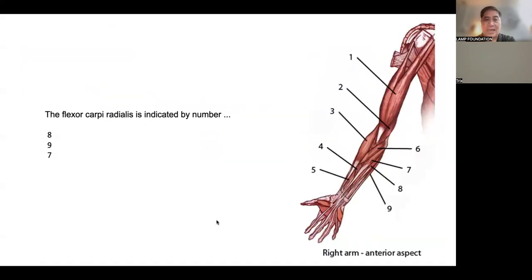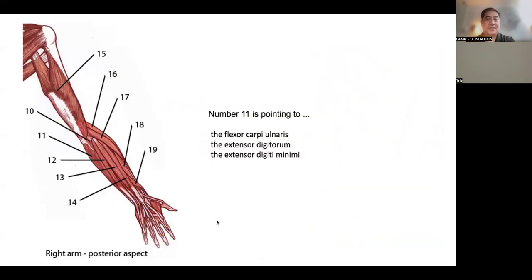Flexor carpi radialis is what? Number 7. Great. What about number 11 here? The flexor carpi ulnaris. So it's on the ulnar side.